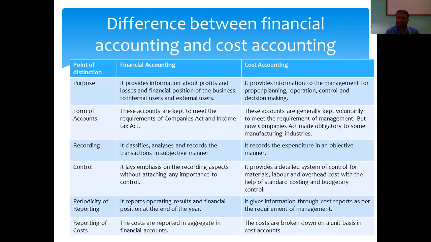And internal users, the management has to know what funds they kept in their business, whether the funds are there or not. They are going to cross-check. And the manager has to take the decisions according to the positions. And next, coming to the employees, if the financial position is good, they can ask for more salary and incentives from their management. And cost accounting provides the information to the management for proper planning, operations control, and decision making.